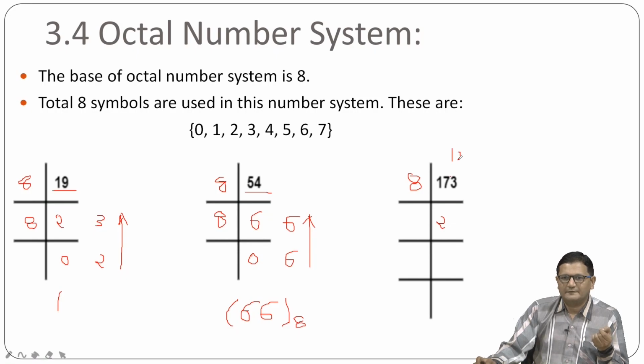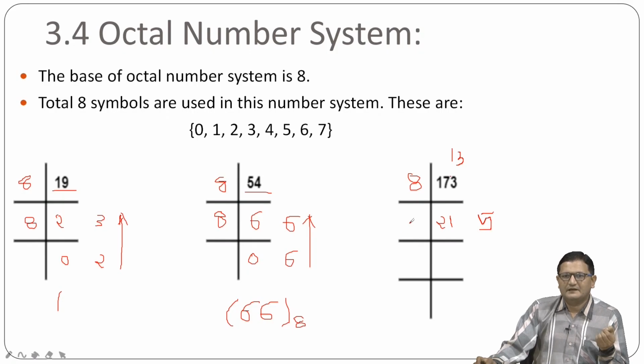Now 13: 8 ones are 8, so 13 minus 8, how much remains? 5, so you mention 5 here.